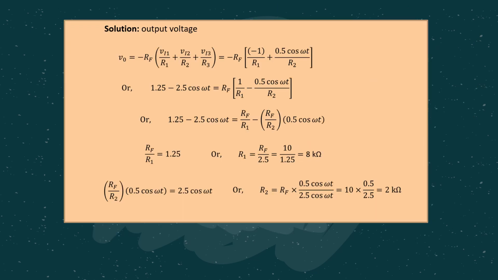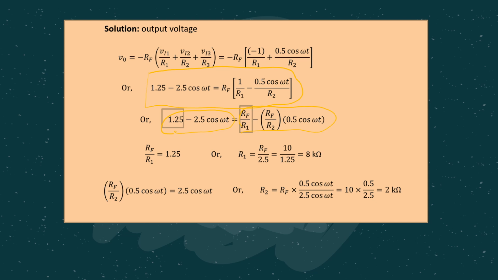So here is the solution for the example just now. You just substitute all the values needed into the equation. So you are going to get it in this form, right? This is the output voltage. These are the ones, the equation where you substitute all the input voltages. Then as you can see, if you compare the left hand side with the right hand side, it is in about the same form.